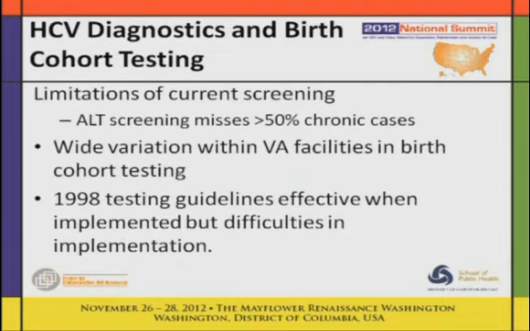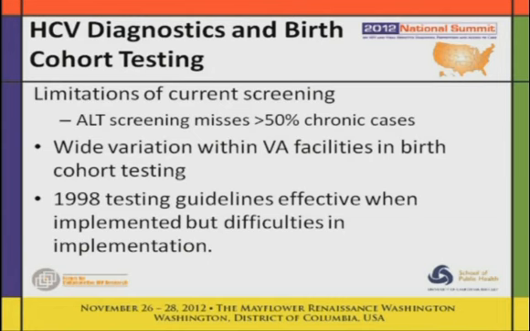The next session was regarding HCV diagnosis and birth cohort testing. Interestingly, we know that the new birth cohort recommendation is strongly suggested because it will capture over 77% of persons who have HCV. So we were really exploring the new alternatives using the birth cohort indicators, and also looking at what the VA has done in their testing.